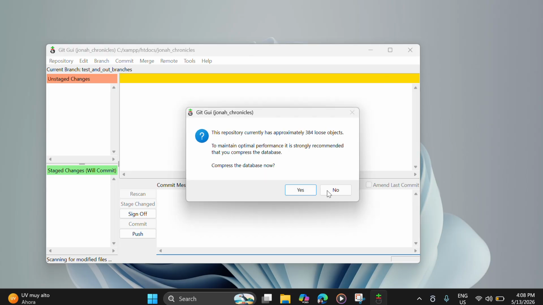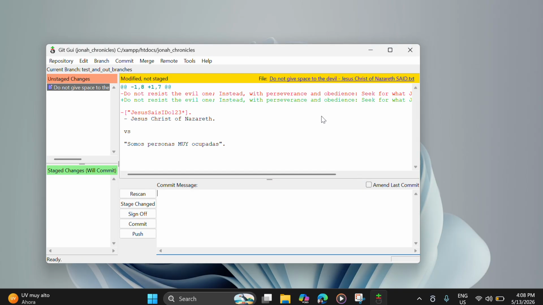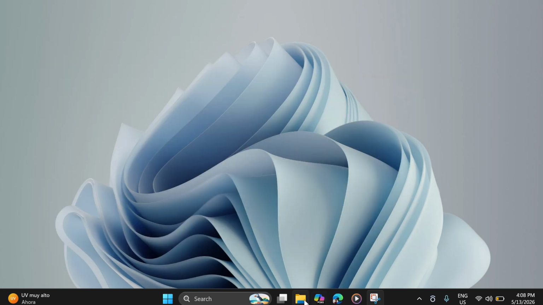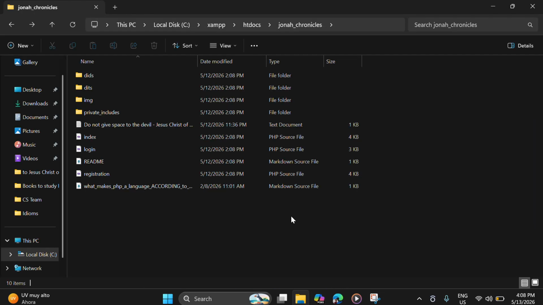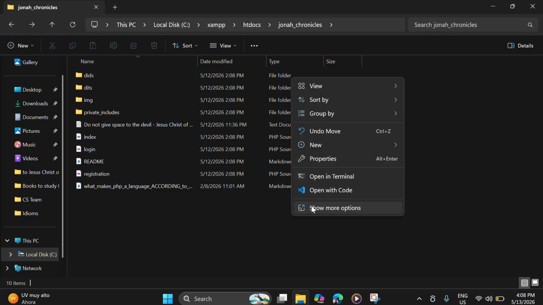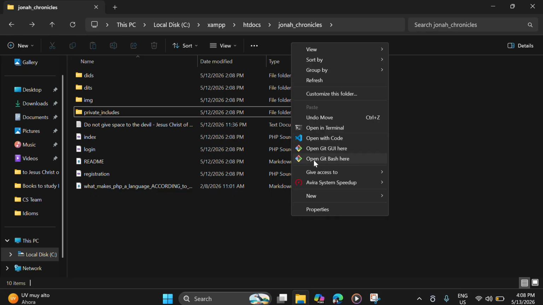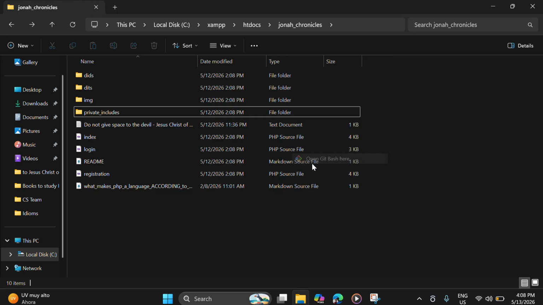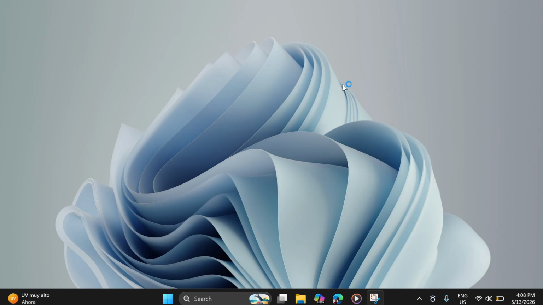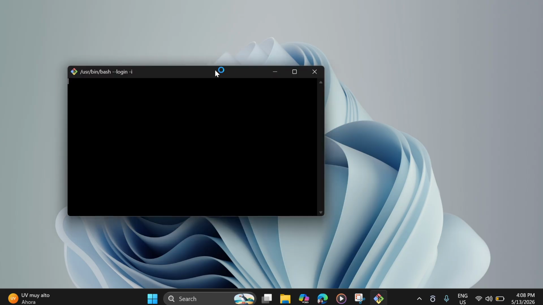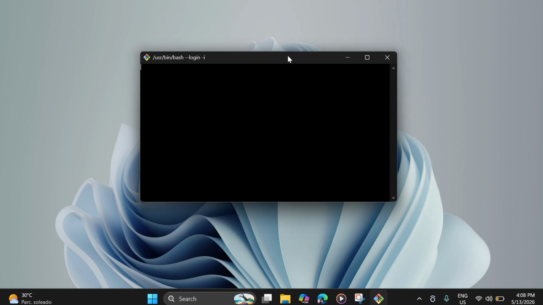Oh, it opened the Git GUI. Sorry, I forgot that sometimes the Git GUI opens instead of the Git Bash. Git GUI is similar to Git Bash, but it's a graphical user interface of the terminal version of Git.